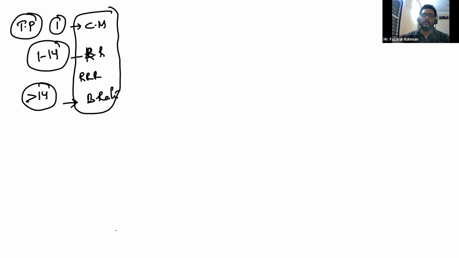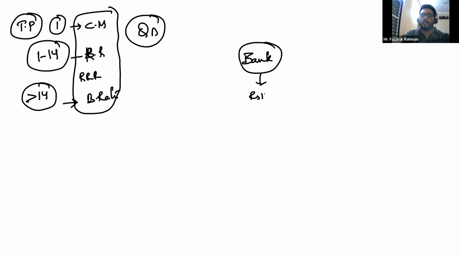Now we will take a very, very important term. We'll link this with the quantitative tools. So what is the first topic under quantitative tools we have taken? For example, imagine there is a bank and they have started the bank with rupees 100.